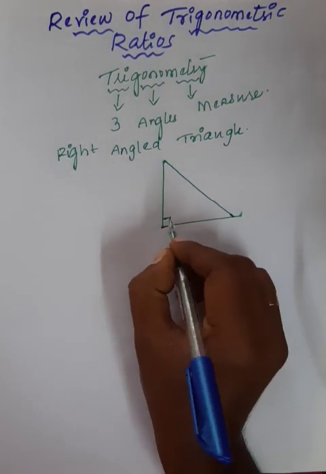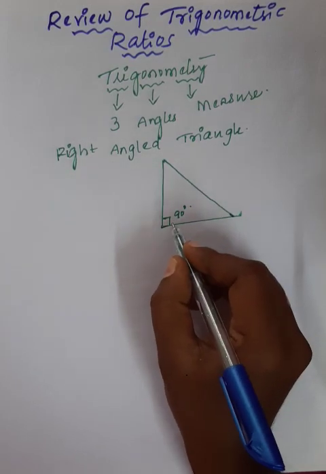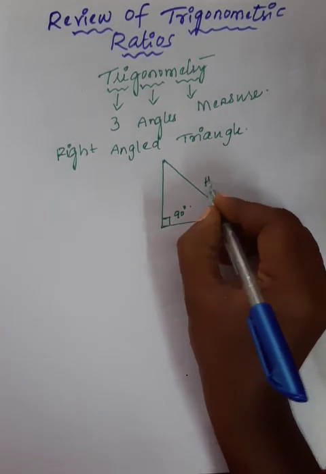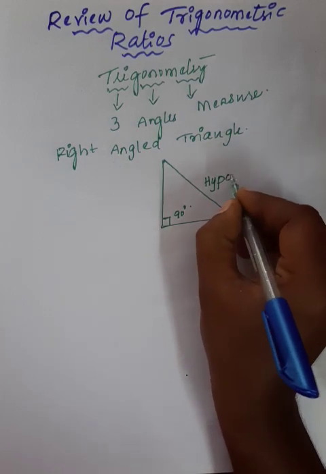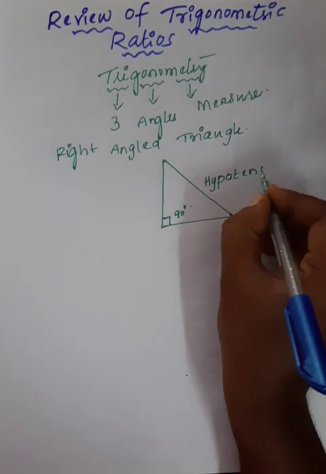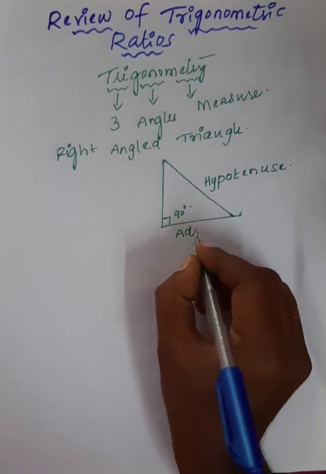This is 90 degrees. Opposite to that 90 degrees we have the hypotenuse, the longest side of a right angled triangle. And this is the adjacent side.